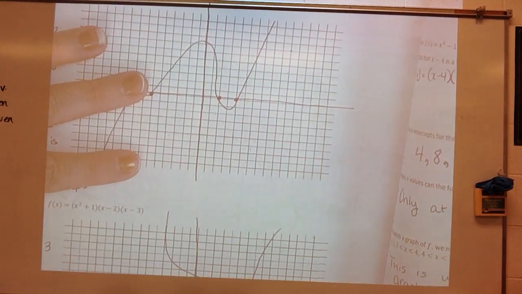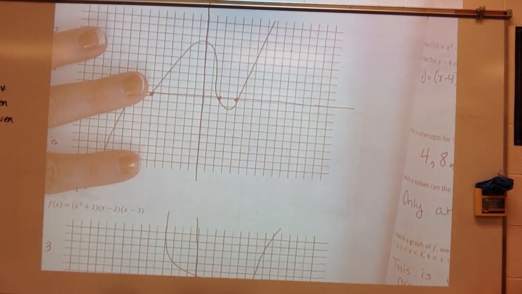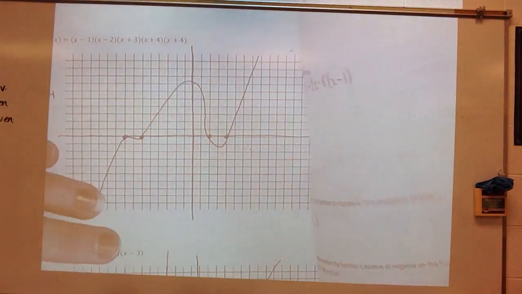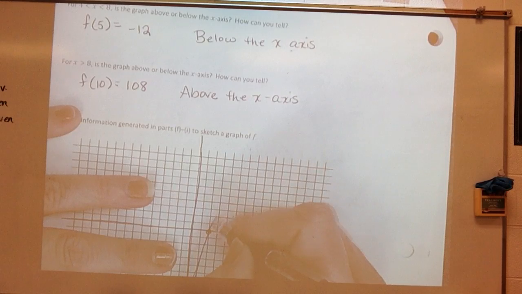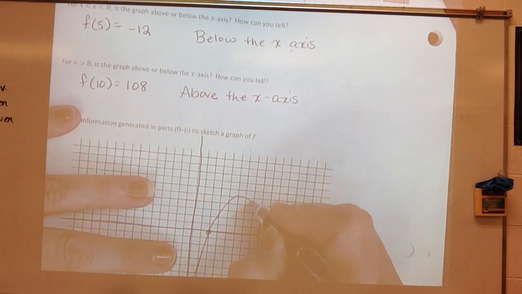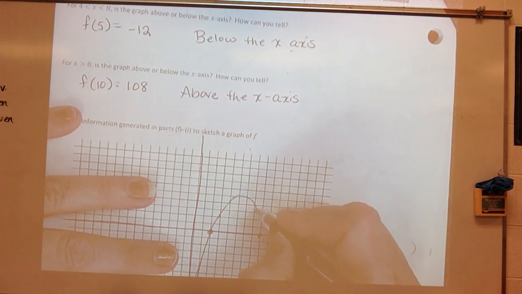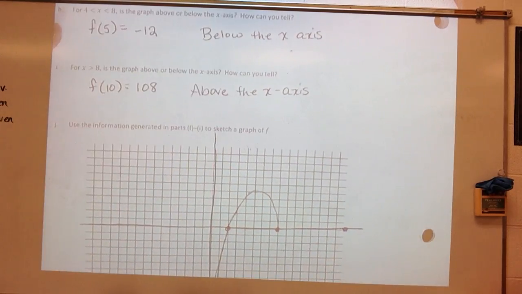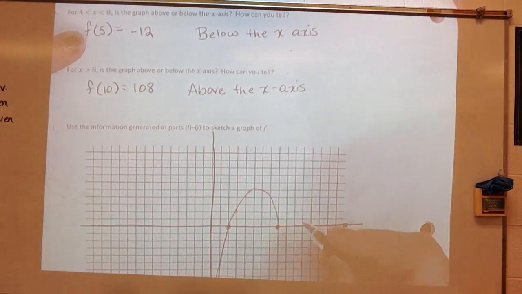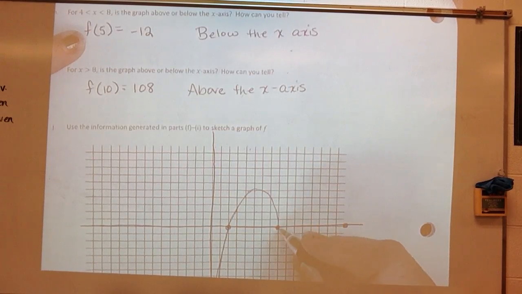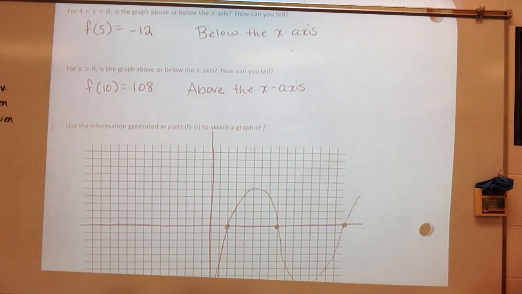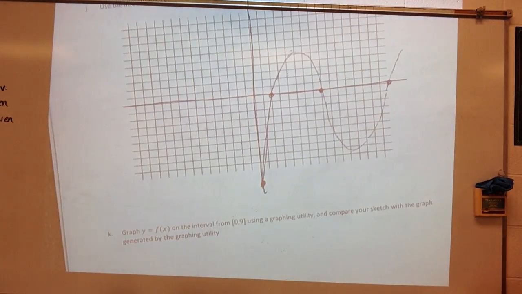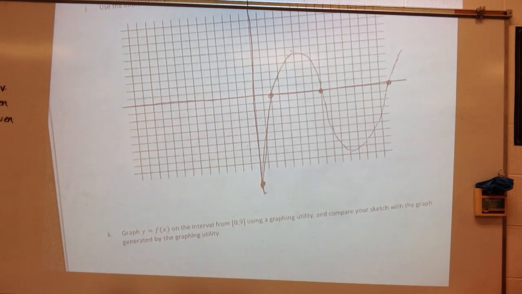Then we said if it was between 1 and 4, it was above the x-axis, so it would go up. And then I'm going to start to come back down, because we said that if x was 5, it was down here somewhere. And then I'm going to start coming back up because we said that it is above. So this is what my graph would look like. That is a rough draft of what our graph would look like.